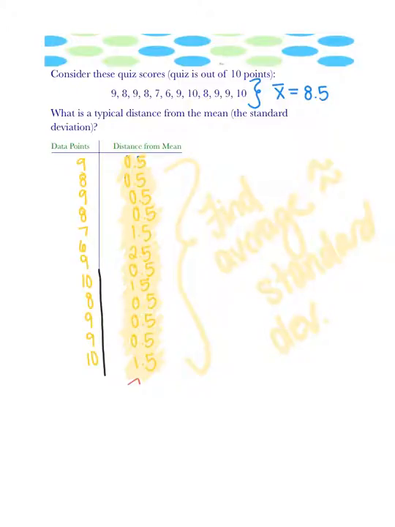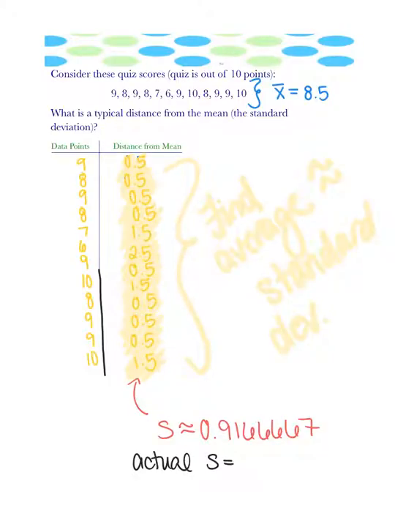If I take all of these numbers and I add them up and divide by 12, I get a standard deviation of about 0.916667. So the standard deviation is pretty close to 1. Now when I plug this into my Fathom program, the actual standard deviation was equal to 1.16775. So really not too bad.